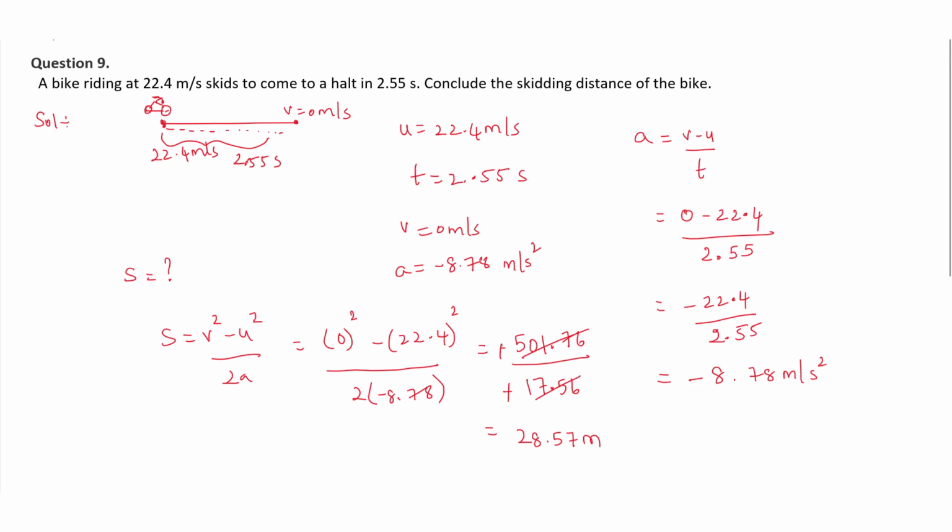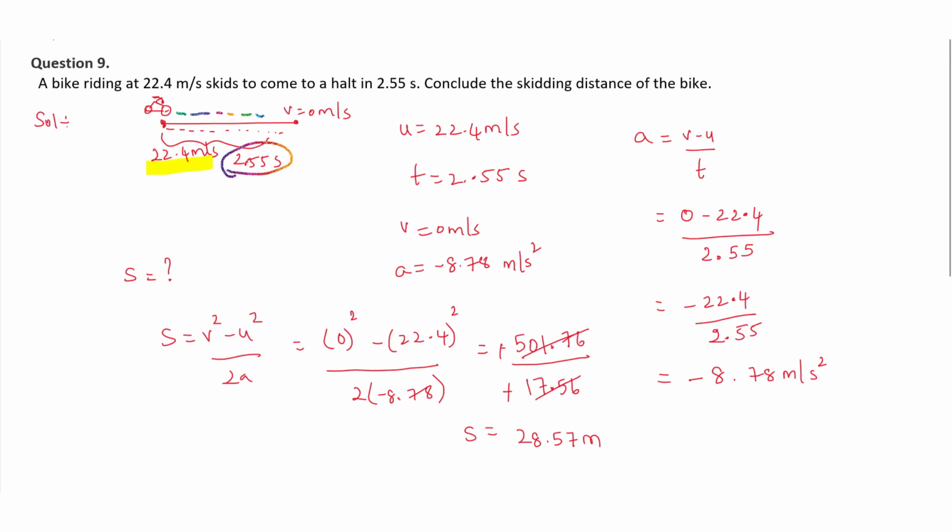So what do you understand by this? We understand that when the bike was going at 22.4 meter per second, it skids. When it skids, it took some time to stop, and that is 2.55 seconds.